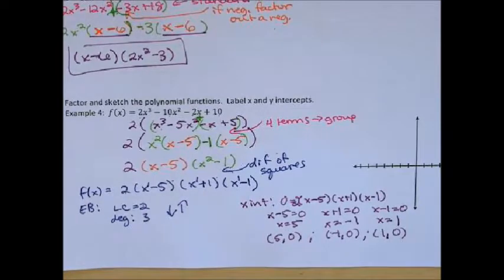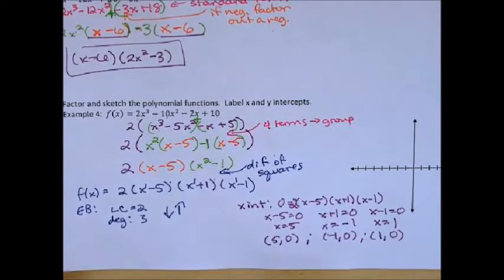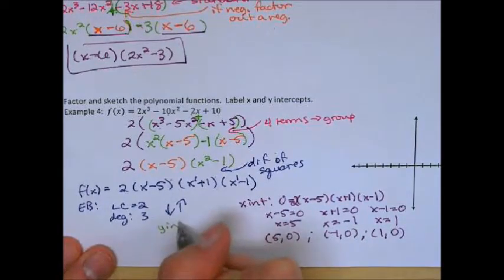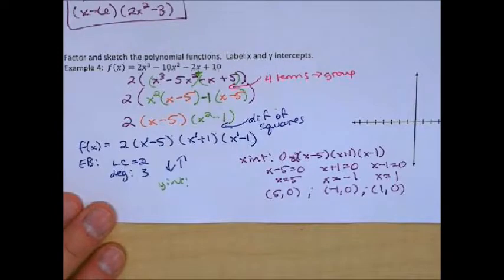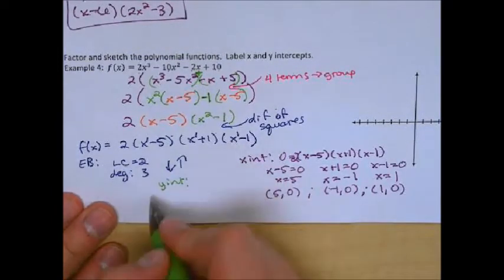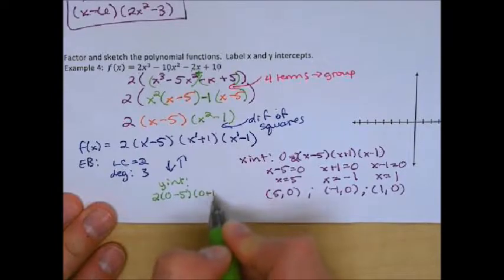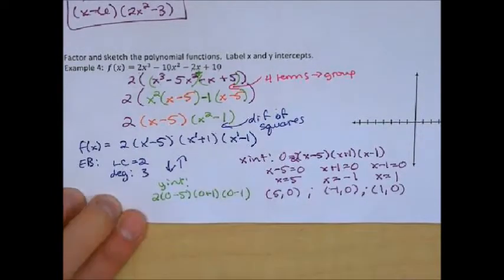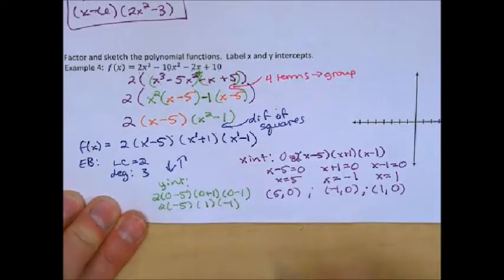I need one last thing in order to graph it. We did the x-intercepts. We also need the y-intercept. How do we find the y-intercept? We set x equal to 0. So here, 2 times 0 minus 5 times 0 plus 1 times 0 minus 1. 2 times negative 5 times 1 times negative 1.